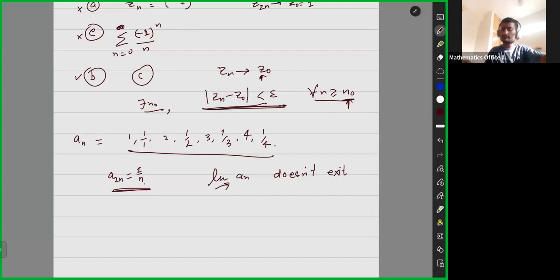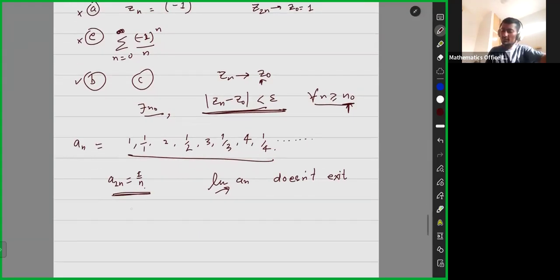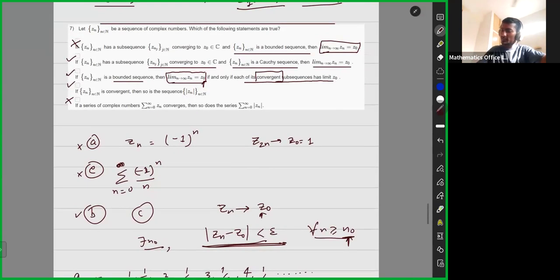Okay. This is the sequence, and 1 by n. All the convergent subsequences have limit 0. Convergent subsequences have the same limit 0. This hypothesis is true, but we are talking about here, each convergent subsequence has limit 0, right?